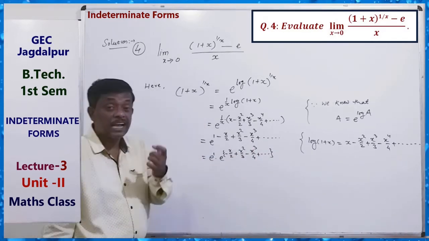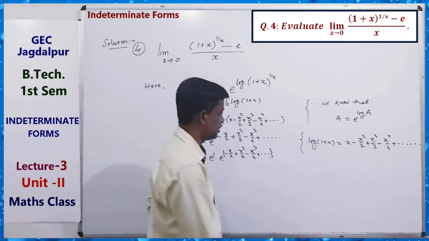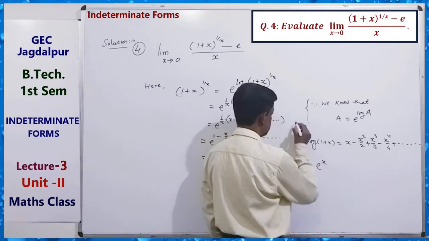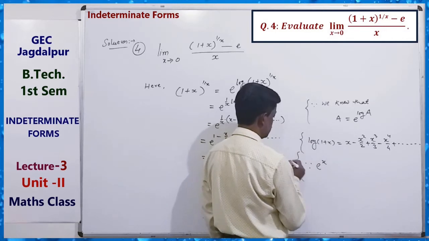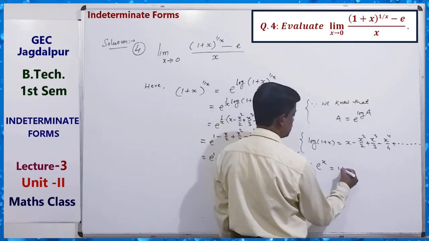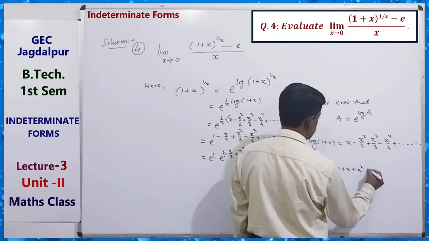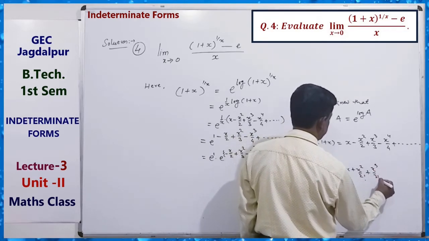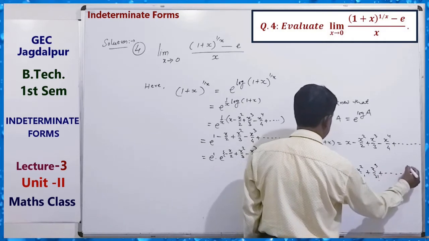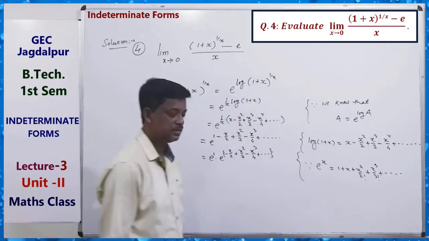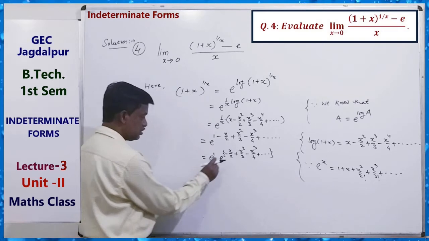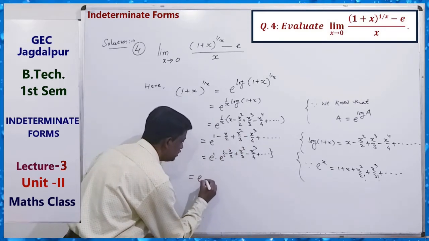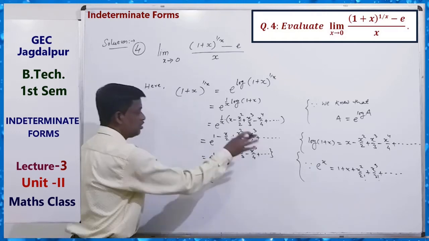Now the exponential expression e to the power x equals 1 plus x plus x square by 2 factorial plus x cube by 3 factorial plus and so on. We know this, so just use this result for e to the power of this total single quantity. So this equals e into e to the power of this.